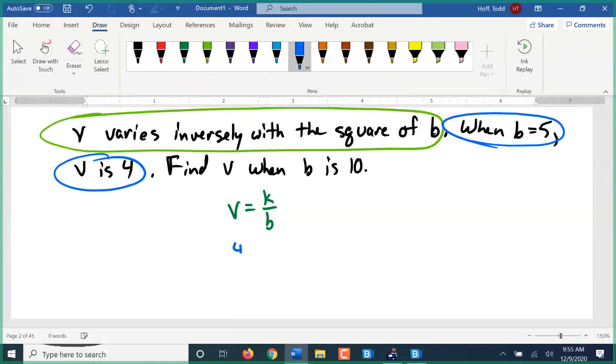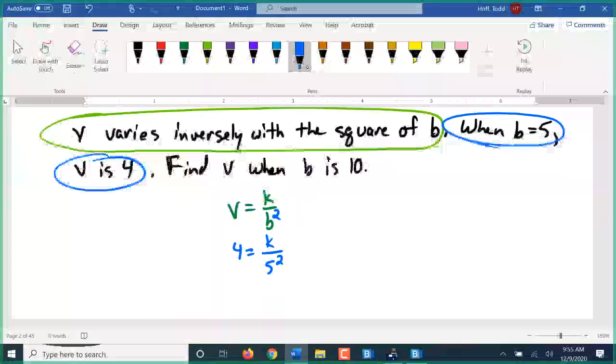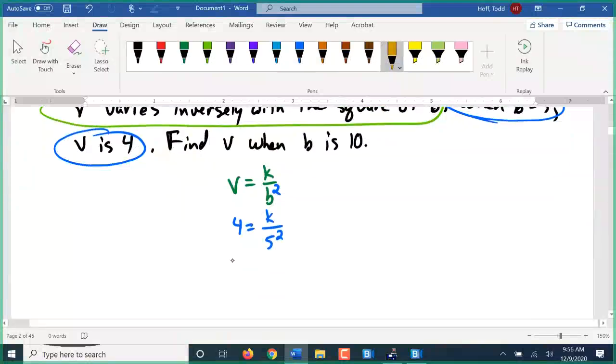So put 4 in for V. The square of B, of course, that would be B squared there, not just B. So V is 4 when B is 5, so that'll be 5 squared down there. And we do have to work that out. 5 squared is going to be 25. So 4 equals K over 25.